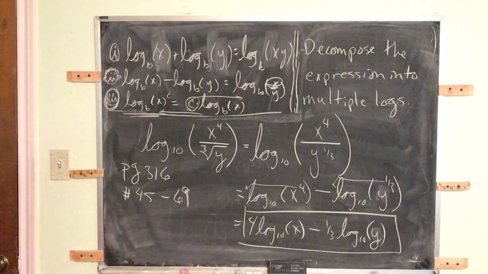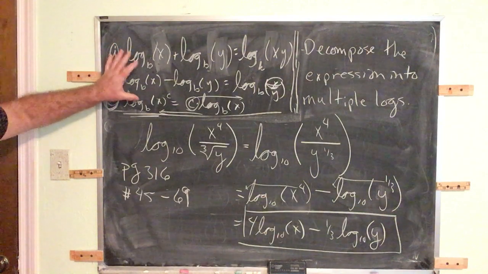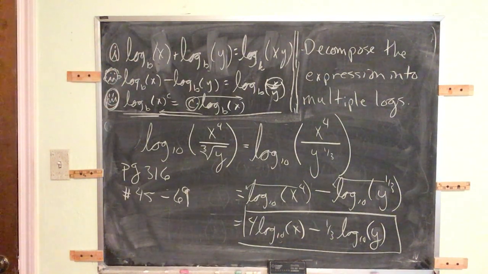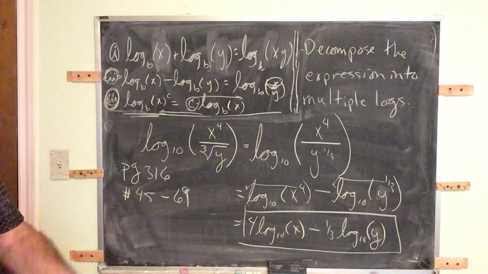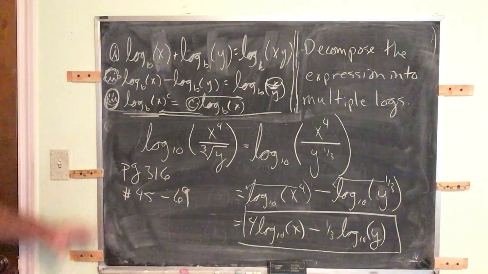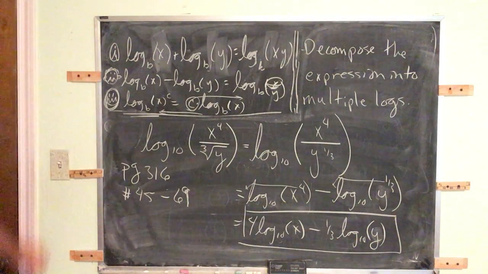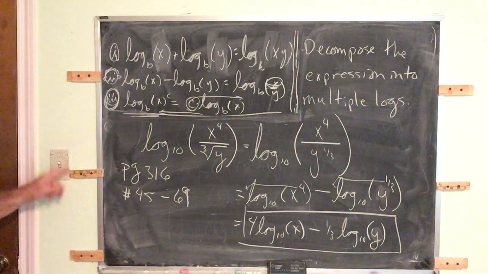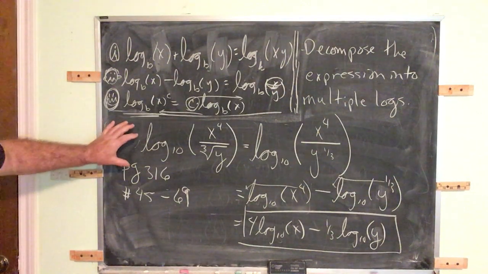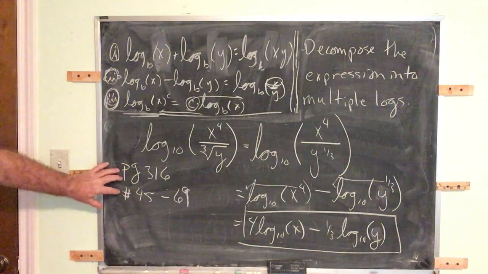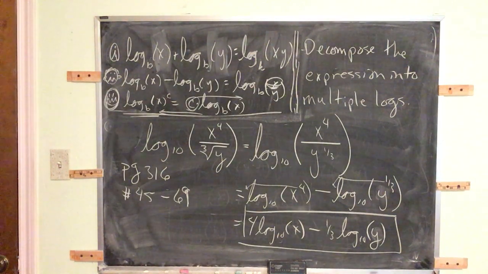That should give you enough to practice this, so that using these properties becomes second nature to you, so that when you go into your physics class or your chemistry class or your calculus class, using these properties is not the issue you need to learn. You have bigger fish to fry in those classes. So learning these properties of logarithms, and this is the practice for that, is an important piece of being able to handle these logarithms.